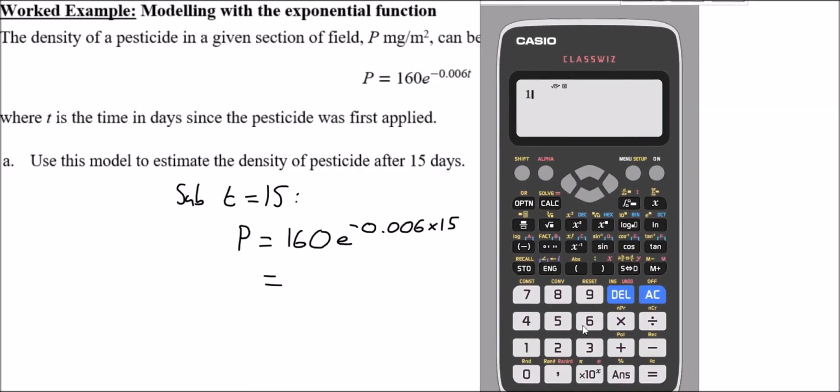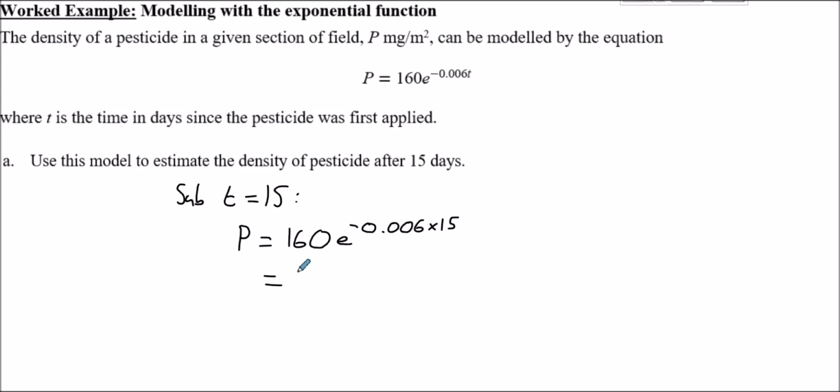Okay, so this gives us 160 times e to the power of minus 0.006, multiplied by 15. And we get, roughly speaking, 146. Don't forget the units, milligrams per meter squared. So that's part A sorted.